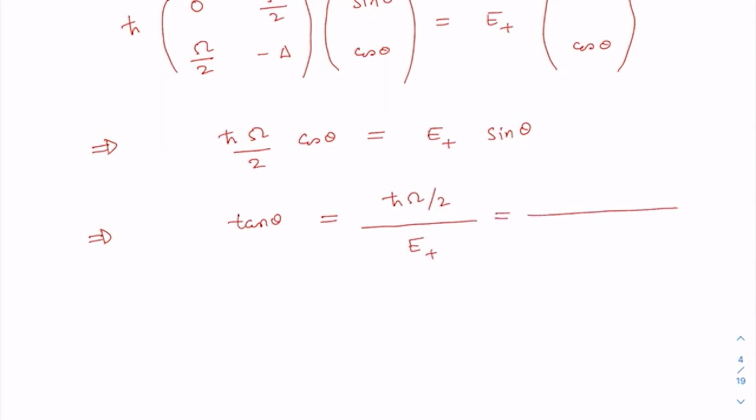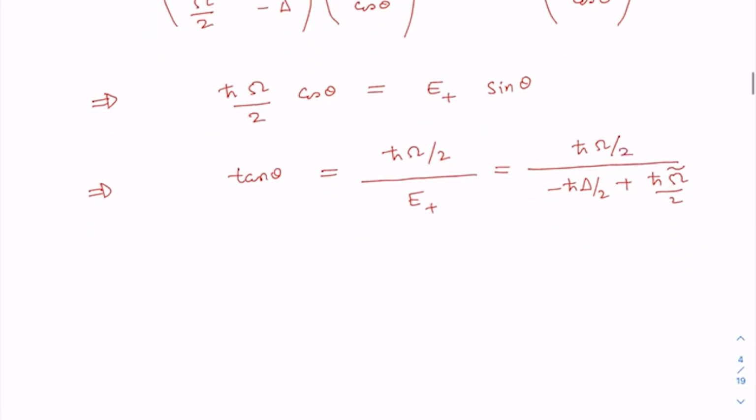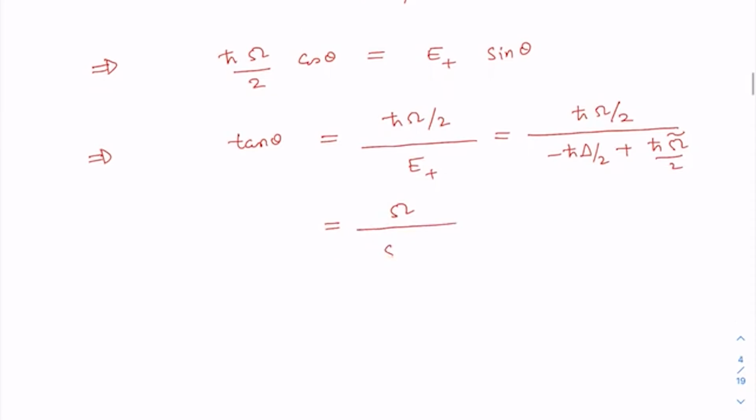If I write the value of E plus here, that is minus h cross delta by 2 plus h cross omega tilde by 2, and here I have h cross omega by 2. Then I have omega, the Rabi frequency, divided by omega tilde, the generalized Rabi frequency, minus the detuning parameter delta.